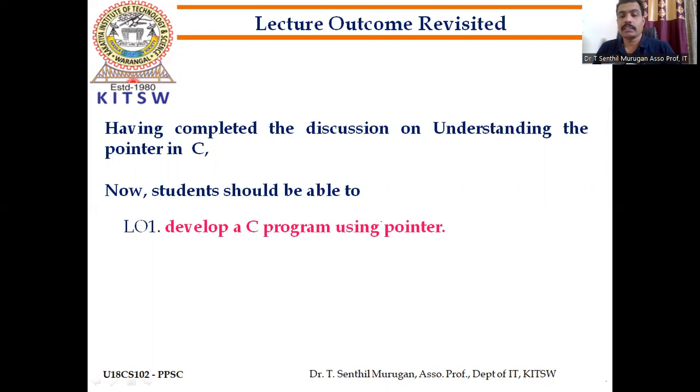Having completed the discussion on understanding pointers in C language, students should now be able to develop a C program using pointers. Now you know what a pointer is, how to use a pointer in your program, and what its use is. Those things we discussed in this video: advantages of pointers, how to declare a pointer, what a pointer will do.